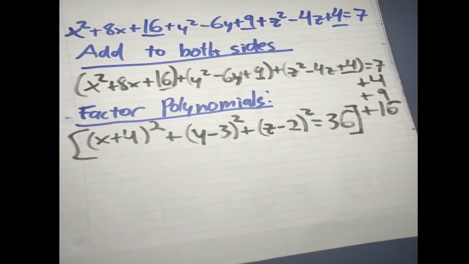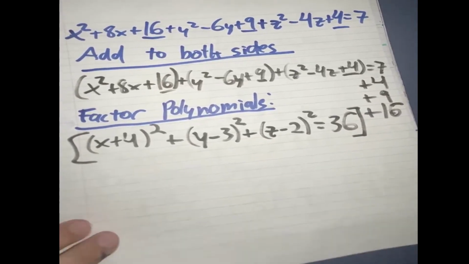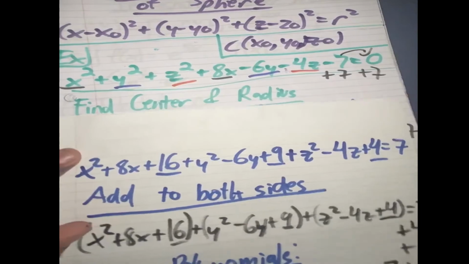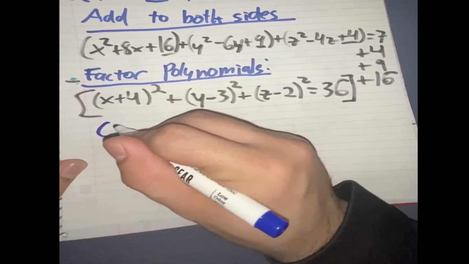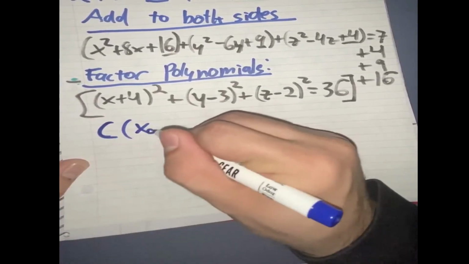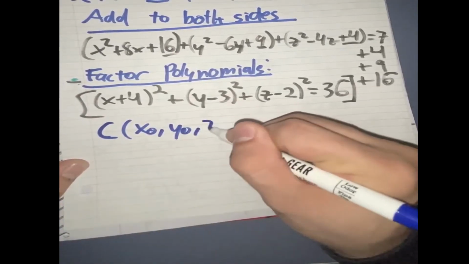But what if we want to identify the center? Because the question asks us to find the center and the radius. So our center, remember, is x naught, y naught, z naught.